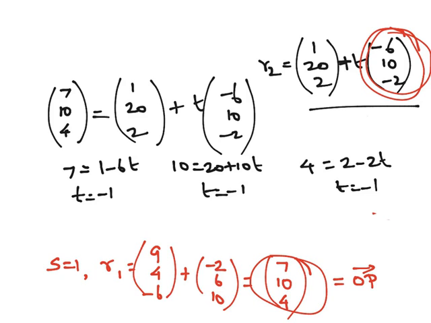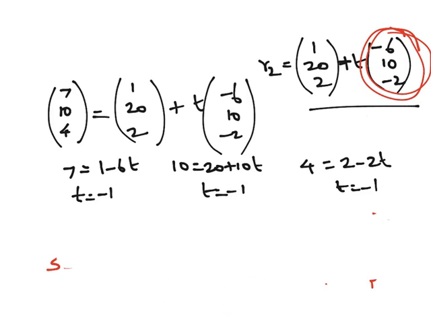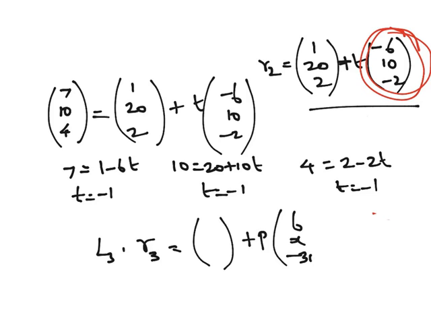The third line L3 has direction vector (6, k, -30). So there's a third line L3 which has this direction vector. I can write r3 equal to some vector plus, since I've already used t and s, let's say p times (6, k, -30).